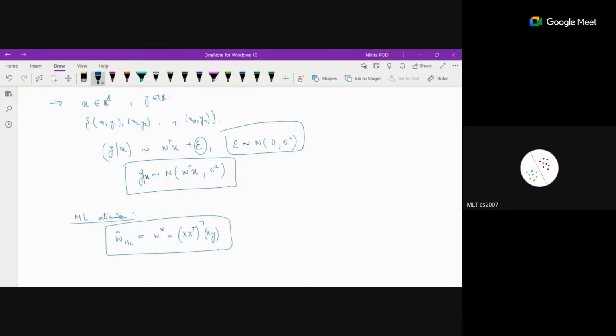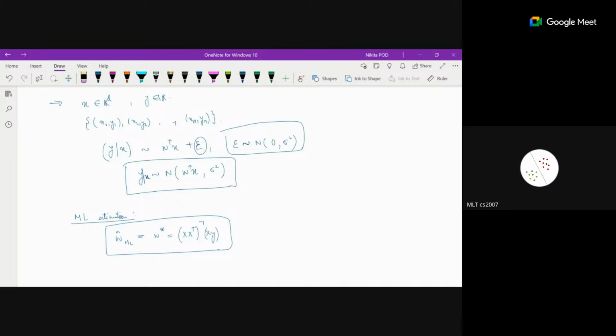One more thing is that once you change this noise, the solution will also change. That we'll see later. So the noise is actually important over here: how is this noise distributed?